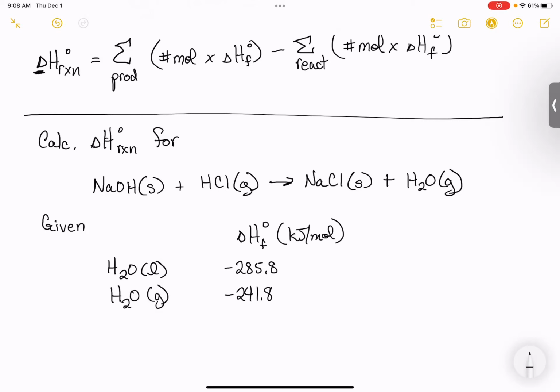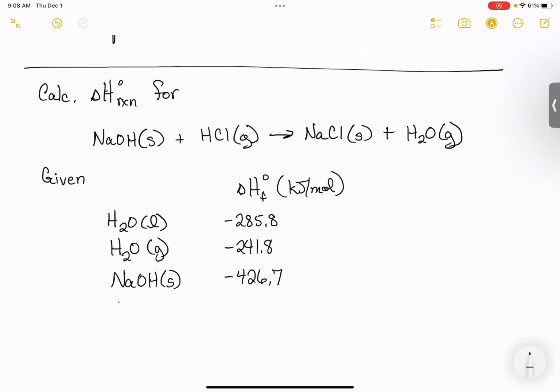Sodium hydroxide solid has a delta H of formation of negative 426.8, I'm sorry, 426.7 kilojoules per mole. HCl gas has a value of negative 92.3 kilojoules per mole.